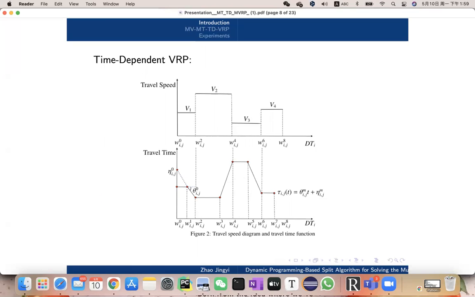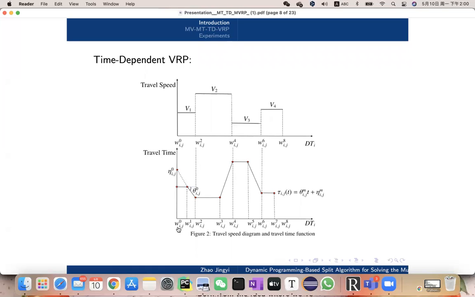In the first picture, we can see that the travel speed function is a step function, and the resulting travel time function of departure time from node i is a piecewise linear function, which can be calculated and represented by two groups of breakpoints.